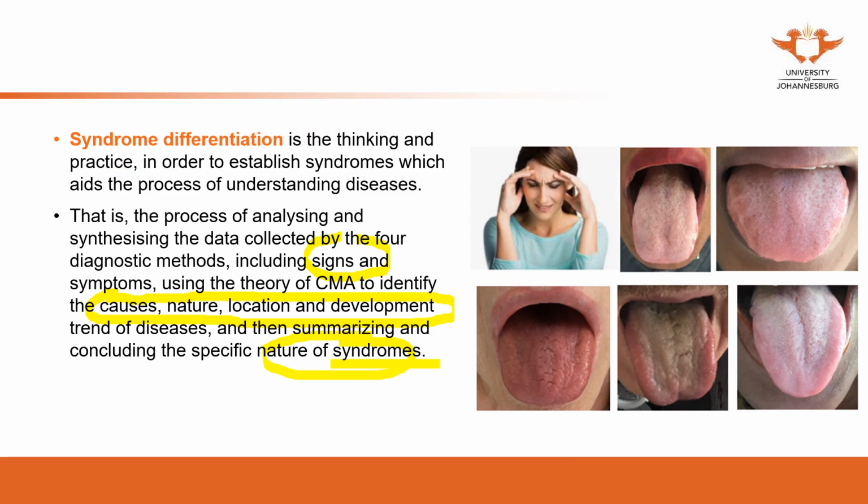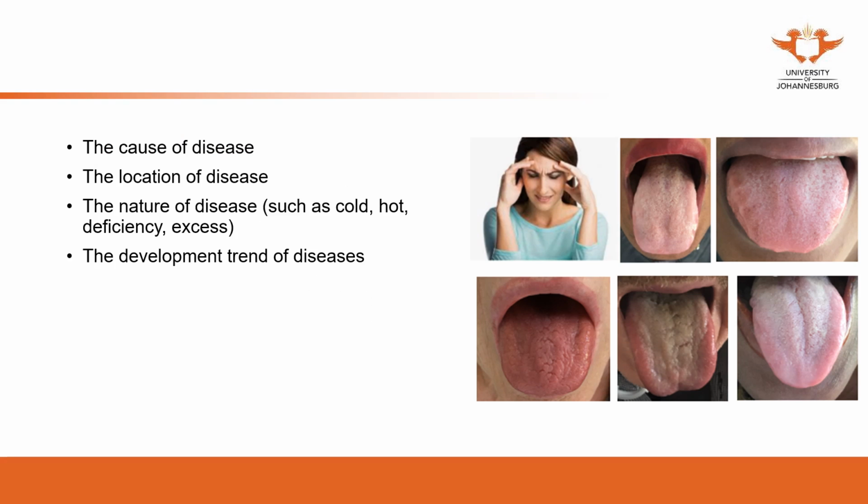And then our treatments will be based on this syndrome. In this process, we need to focus on the causes of diseases, the location of the diseases, the nature of the diseases, as well as the development trend of the diseases. For example, a patient comes to you with headache, fever, aversion to cold, body ache.